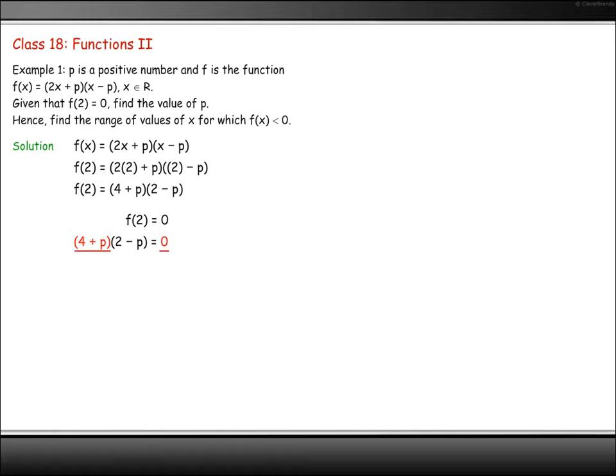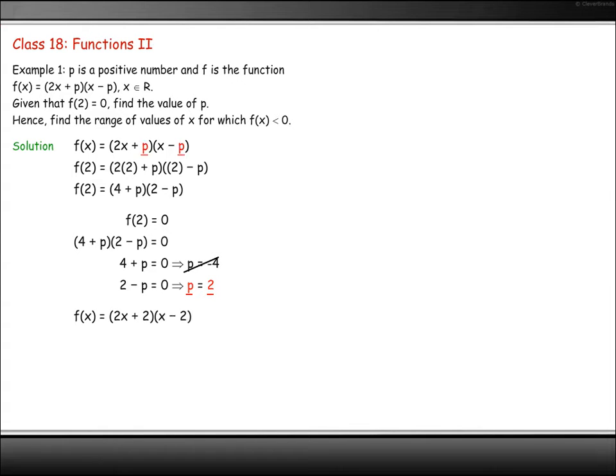Put each bracket equal to 0 and solve for p. As p is positive, ignore the first solution, giving an answer of p is equal to 2.